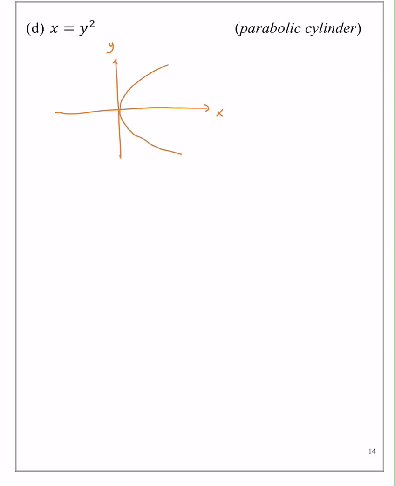If you have y equal to x squared, it is normal. We have x and y, and it looks like this. But for x equal to y squared, it will be this one here. Now we need to do the projection.